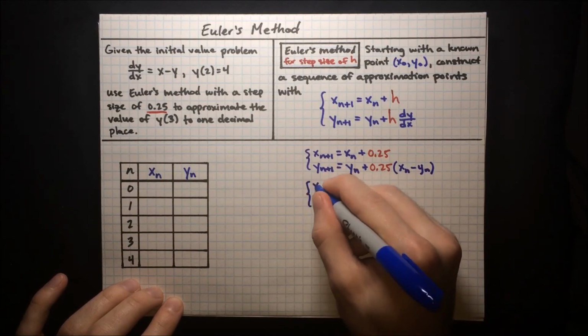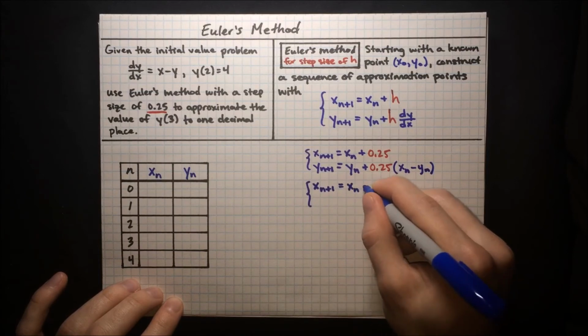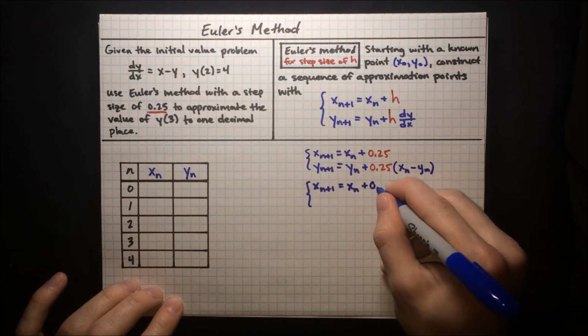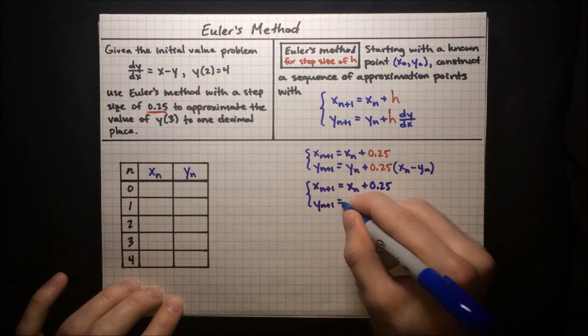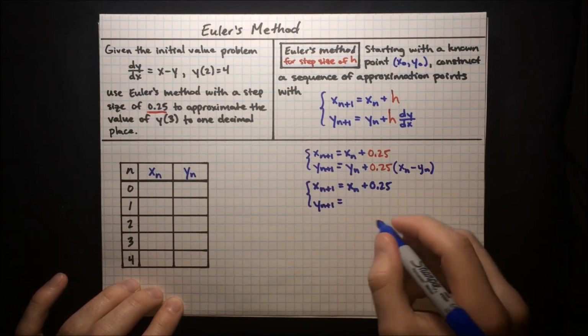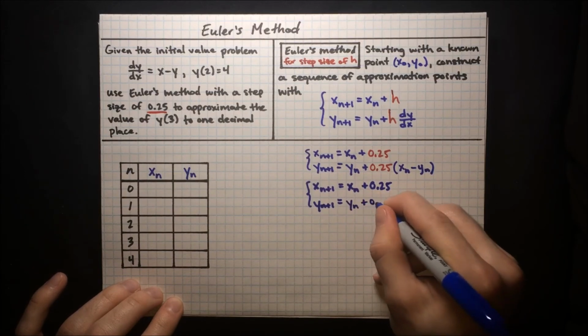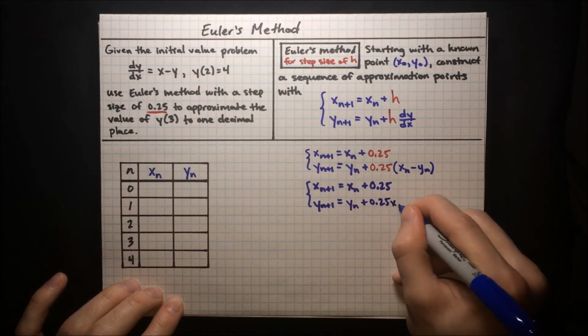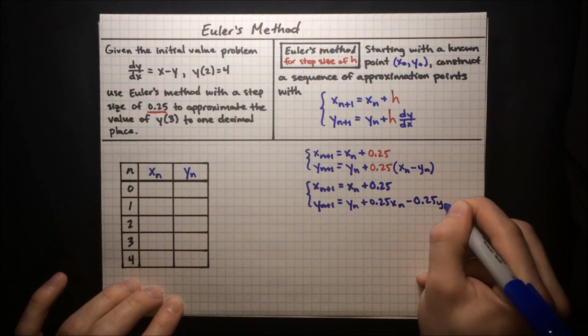So this is just x_{n+1} equals x_n plus 0.25, and y_{n+1} equals, well, we'll just write it out, y_n plus 0.25 x_n minus 0.25 y_n.